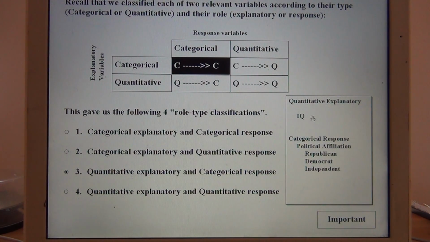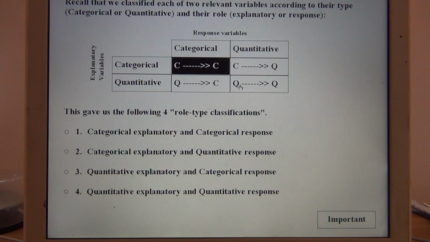So the assumption would be that a person's IQ would affect what particular political affiliation they would have. Well, IQ, which is the explanatory variable, is quantitative. But the response variable, political affiliation, that's categorical. There's a category. So that piece of research might look like that.